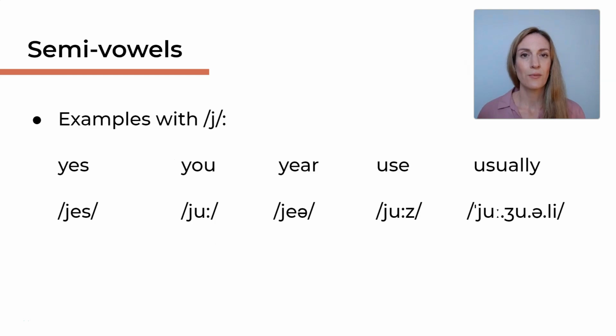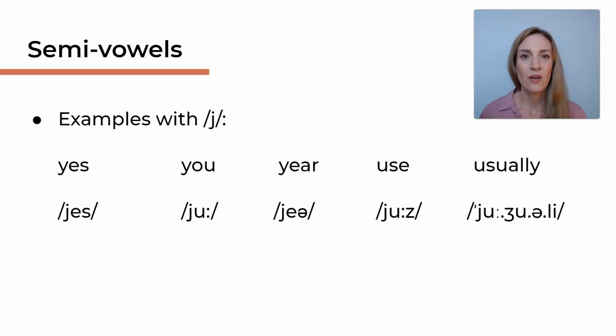Let's have a look at some example words with the semi-vowel y. First of all, here are a number of words, and the y sound is always at the start of the word. You can see we have 3 words, yes, you, and year, where y is always represented by the letter y.